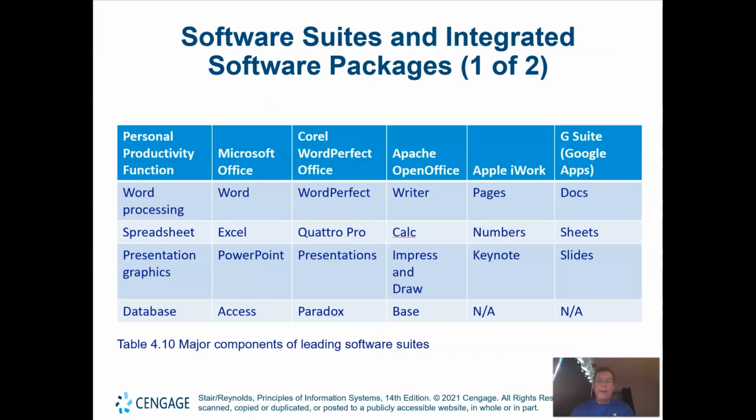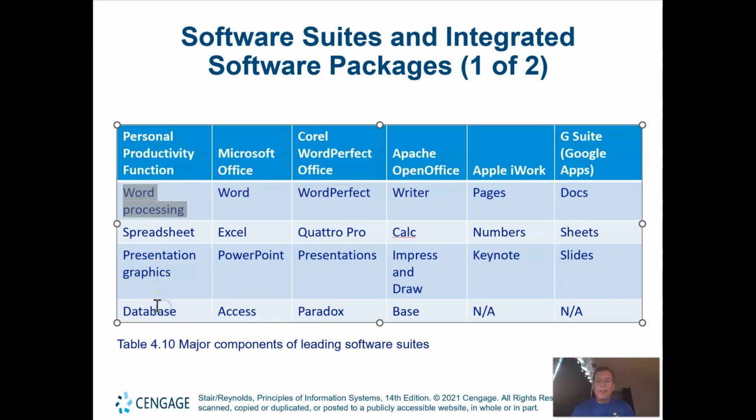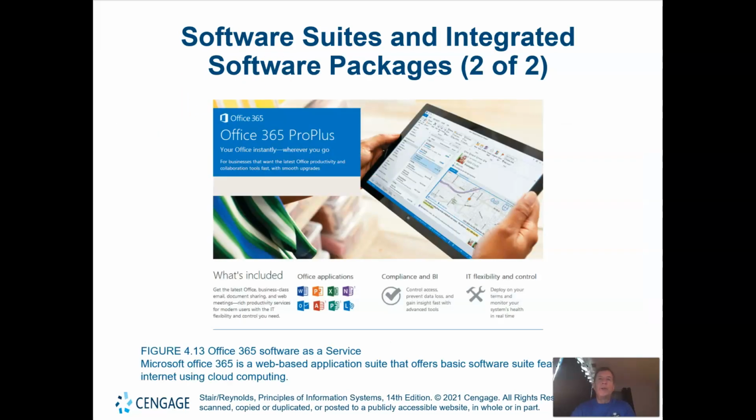So here are various software suites that are integrated. This is common. Microsoft Office has a suite which has PowerPoint, Excel, Microsoft Word, and Microsoft Access as a database, and it comes as a software suite. I think that is also pretty exciting.